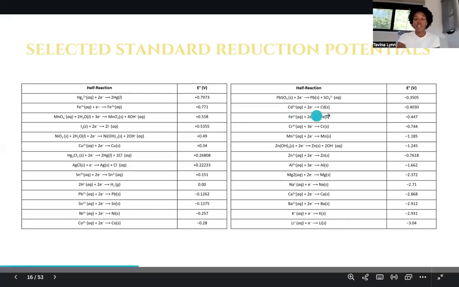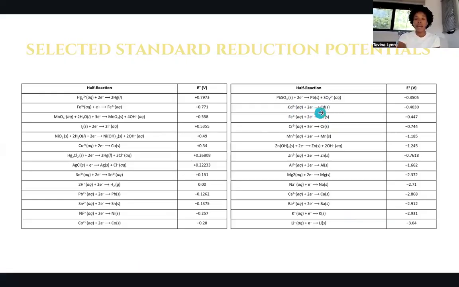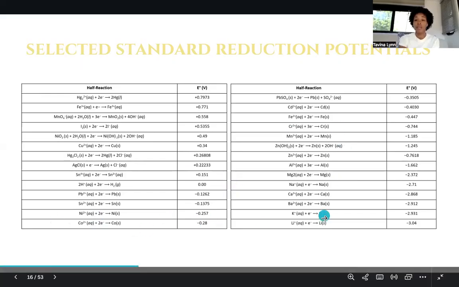So let's say we look at an example where cadmium is actually oxidized. It would just be the reverse, right? Oxidation is the reverse of reduction. So in that case, this value of negative 0.403 would become positive 0.403, right? So standard cell potential is the same as standard reduction potential, and they are called standard reduction potential because when they were measured, they were all measured as a reduction half reaction.